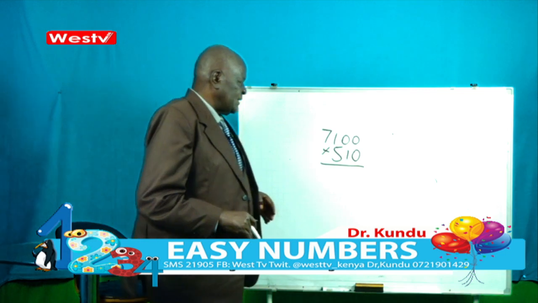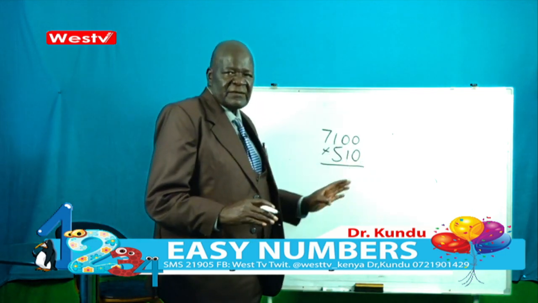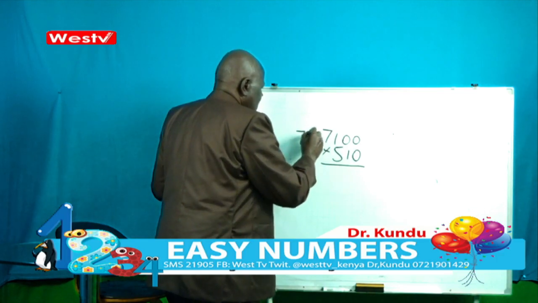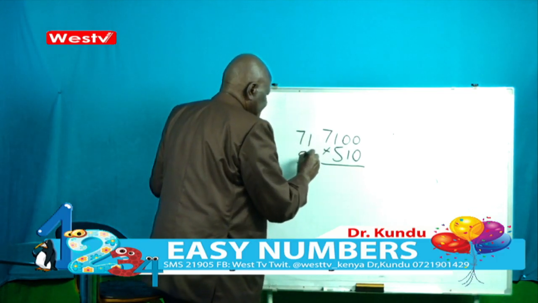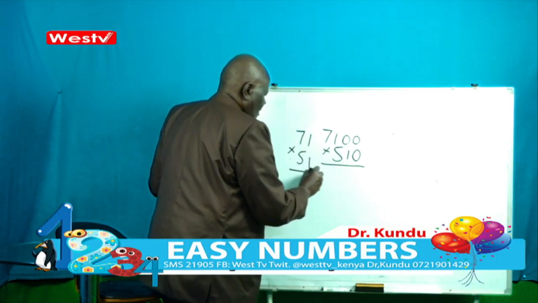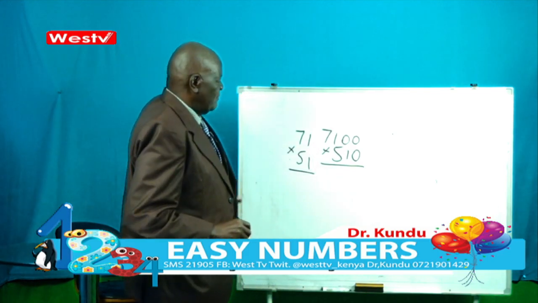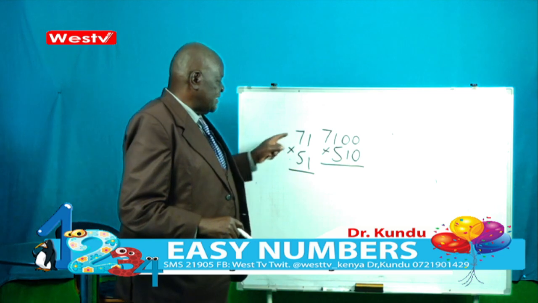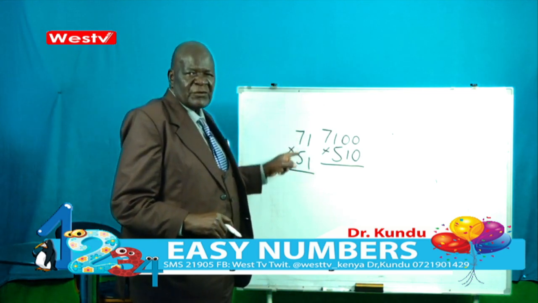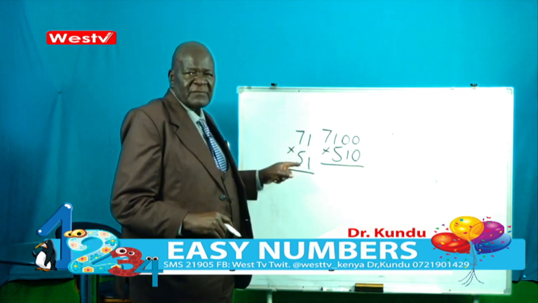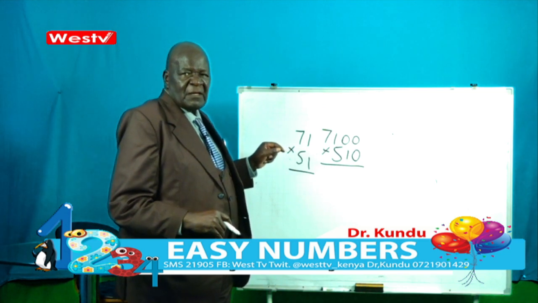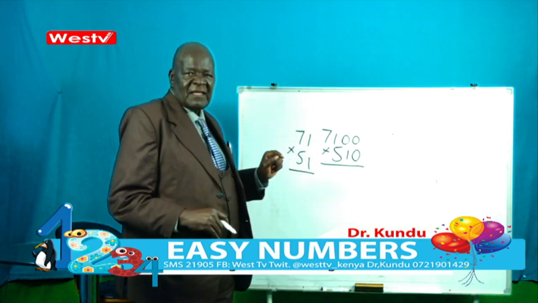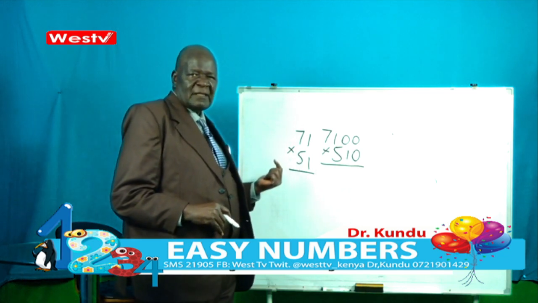But let us see. Ignore the 3 zeros, and your problem becomes 71 and 51. So, you multiply them the way I've shown you. You check the addition, it is going to be 12. So, multiply 7 times 5, which is 35, and add on 1 of 12.